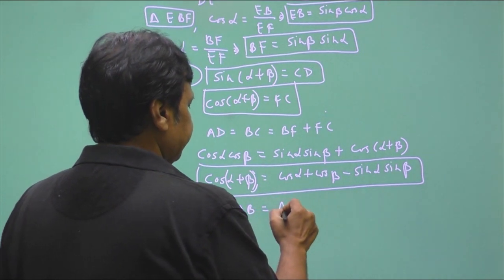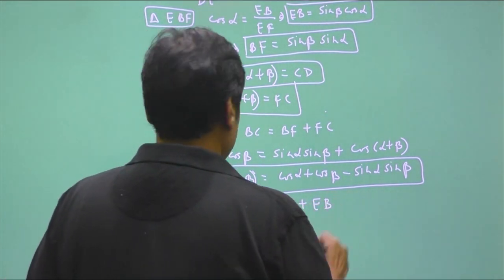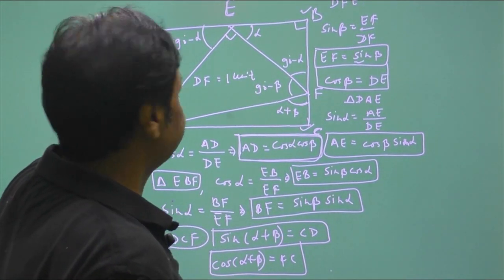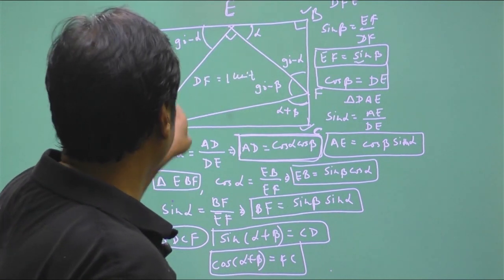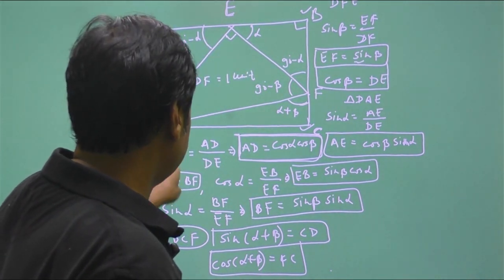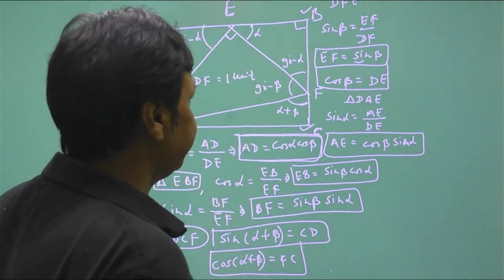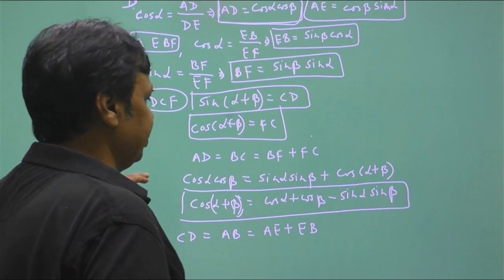And AB is equal to AE plus EB. Am I right? Yeah, see this length AB.